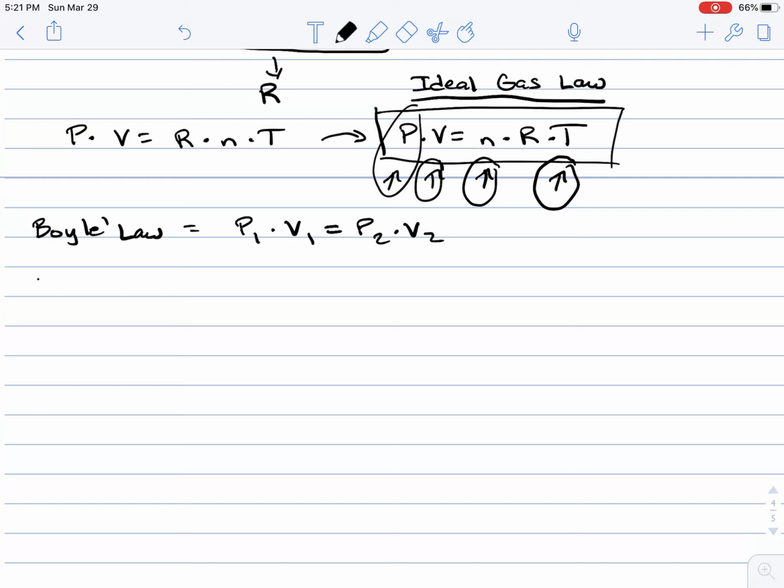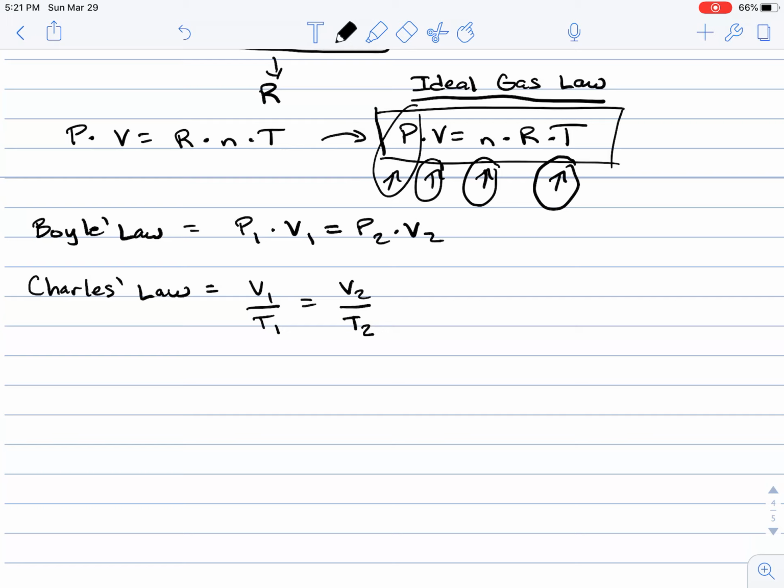Next, we have Charles' law, which is V1 over T1 is equal to V2 over T2.